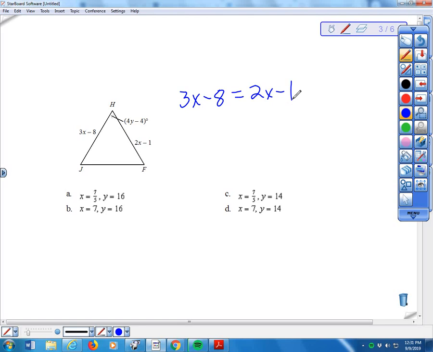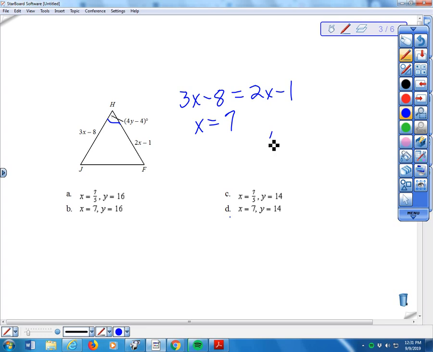So I'm going to solve that. I subtract 2x, I get x. I add 8, I get 7. So I know it's either going to be D or B. Now to look at this angle, if it's equilateral, that means all 3 angles are equal. And if the sum of all angles in a triangle is 180, one angle must be 60. Right? 180 divided by 3 is 60 degrees.